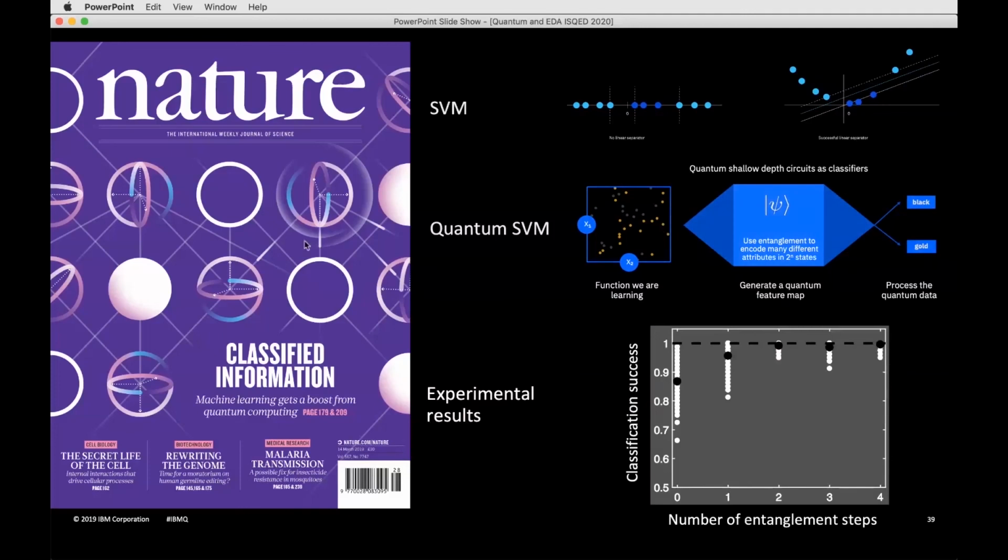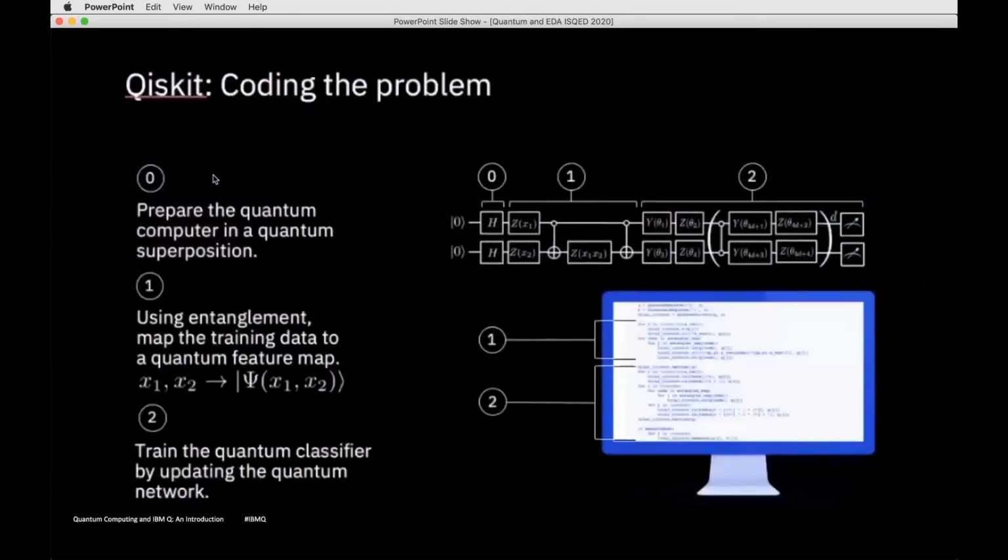This paper is, I would say, very approachable, very well written, and it gives you a really good idea how to start thinking to create a quantum algorithm for a pretty well-known, traditional algorithm. So what you will see is that you have, like many quantum algorithms, a section where you prepare your quantum computer.